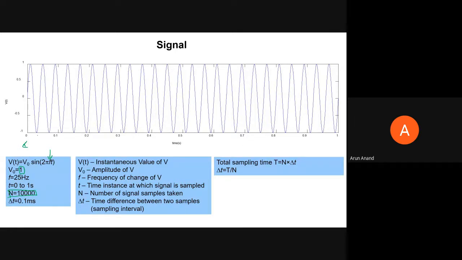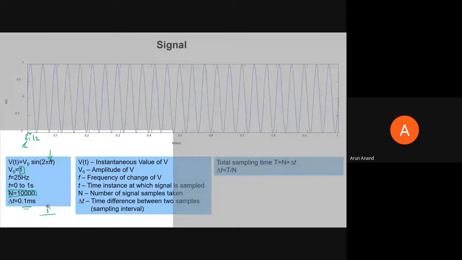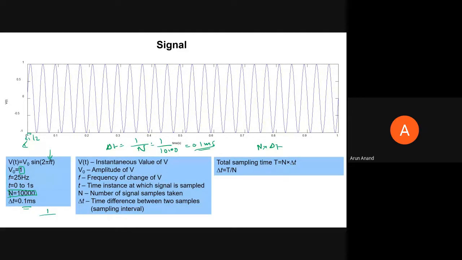So the interval between two time points here, let's say T1 and T2, is 0.1 millisecond, that is 1 by 10,000. It is definitely from this equation, your delta t is nothing but T by N.